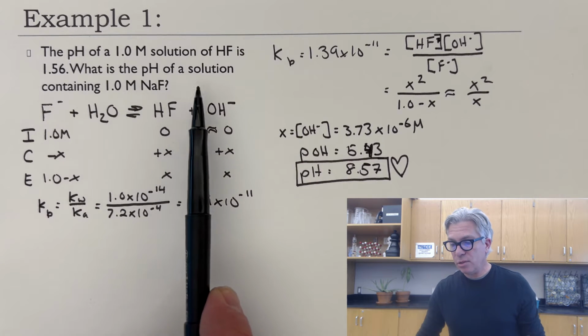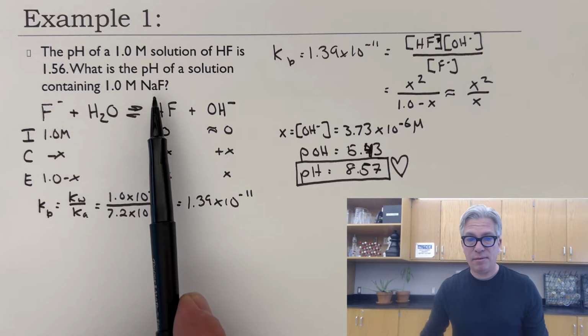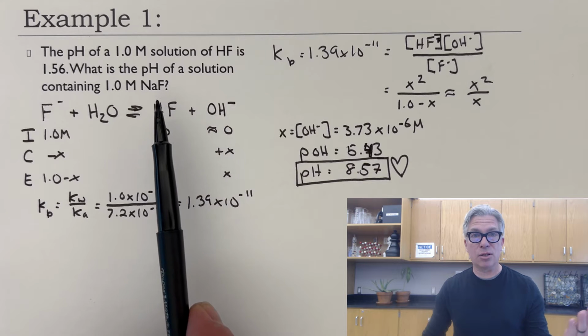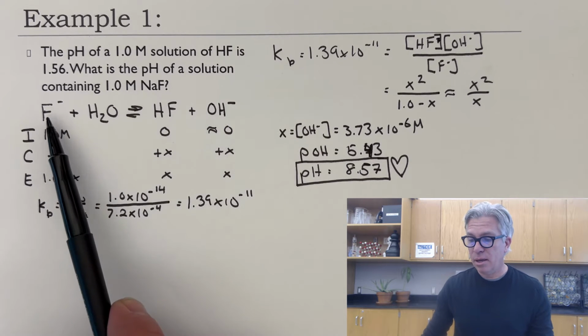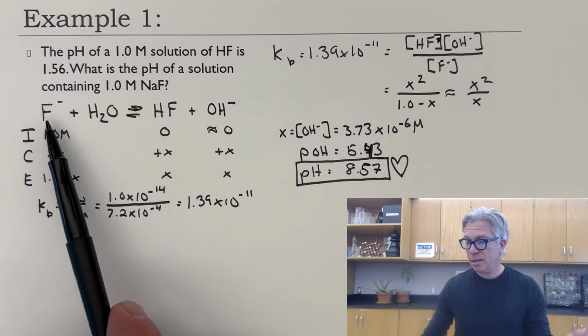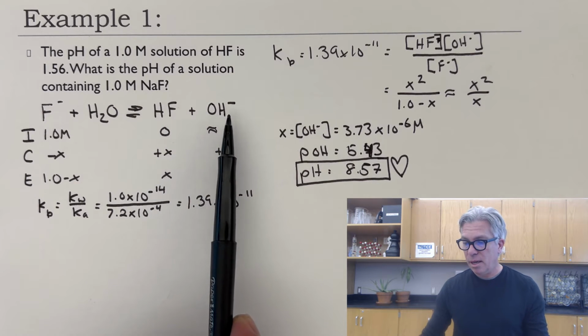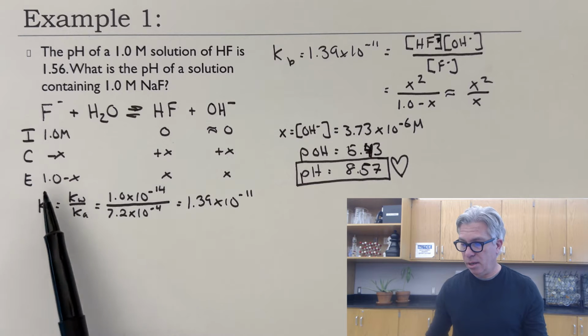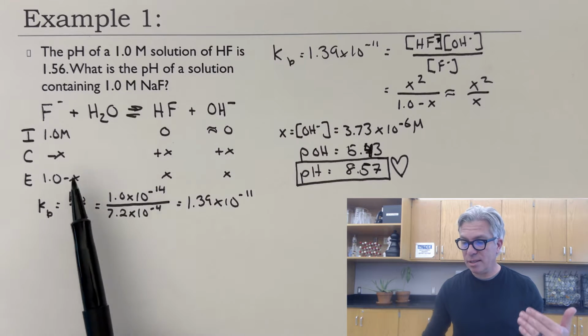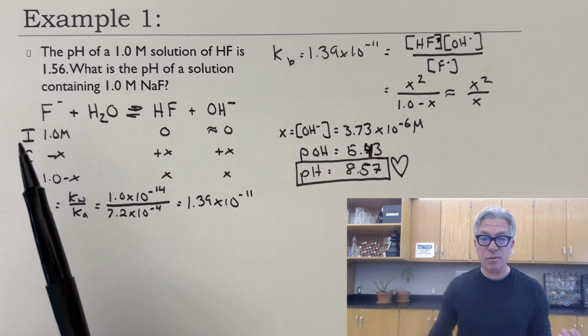What is the pH of a solution containing 1 molar NaF? And so we have a salt solution with its conjugate base, the F- ion. So I set up the equilibrium. The F- ion is going to react with water and reproduce some of the weak acid and some hydroxide, and we set up an ICE table. Because this is acting like a base, I need the Kb value for the base.